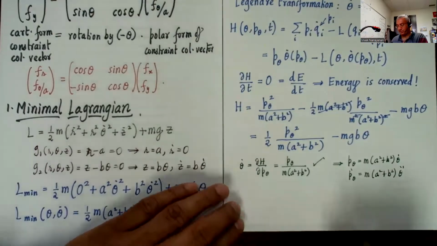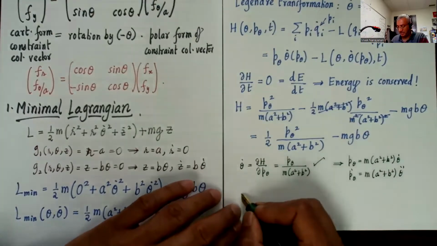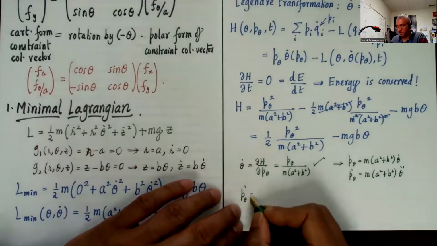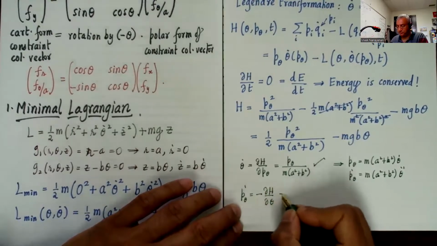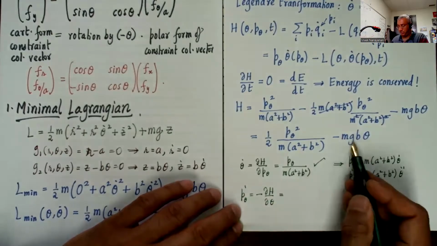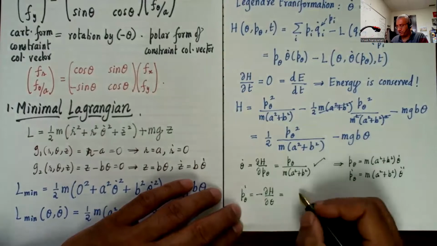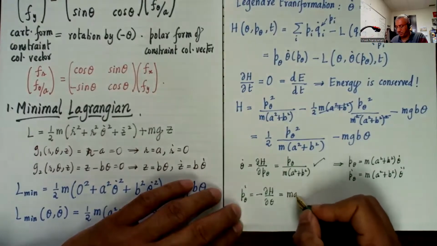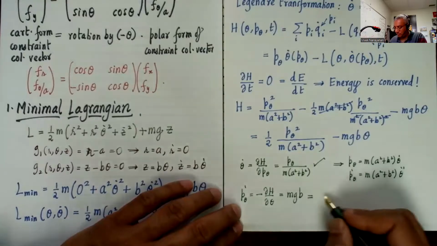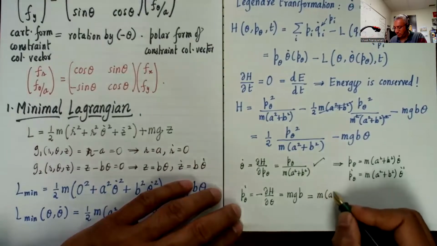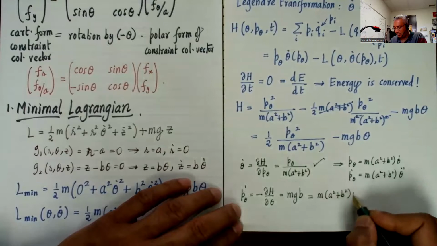Now we'll move on to the second set of Hamilton's equations, and that is p theta dot equals negative del H by del theta. If you look at this, there's only one term, and because I have the negative sign there, that negative sign goes away, and I just get mgb. But p theta dot is precisely that, so that's equal to m (a squared plus b squared) theta double dot.